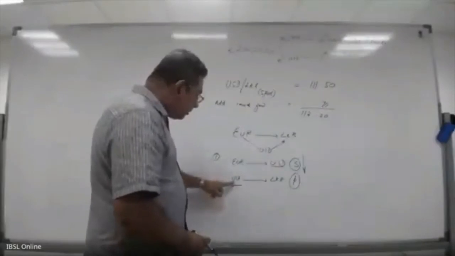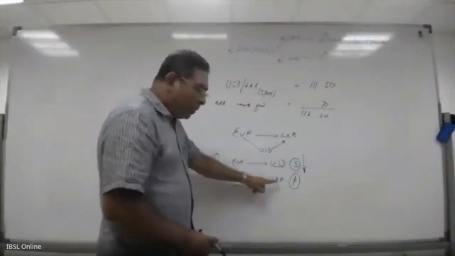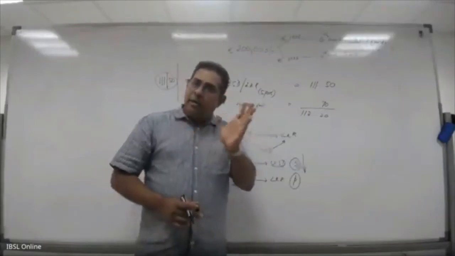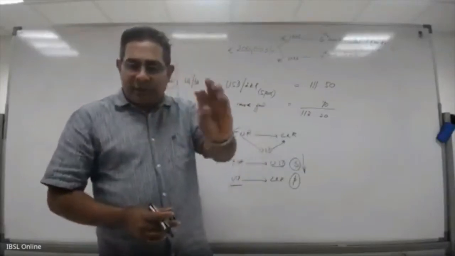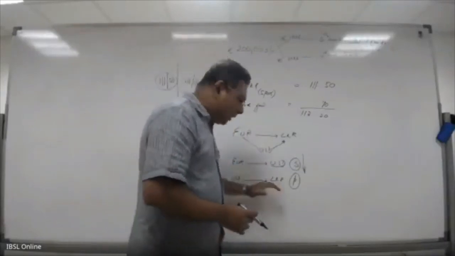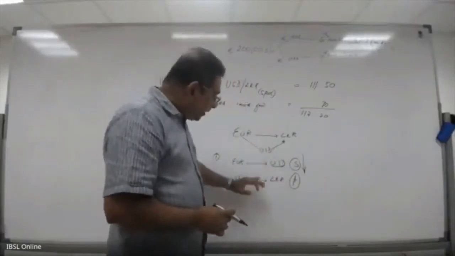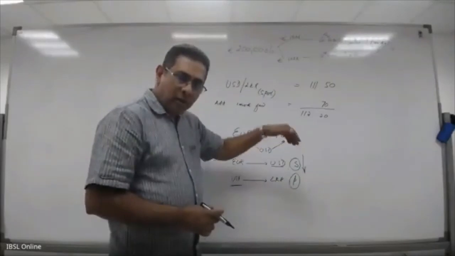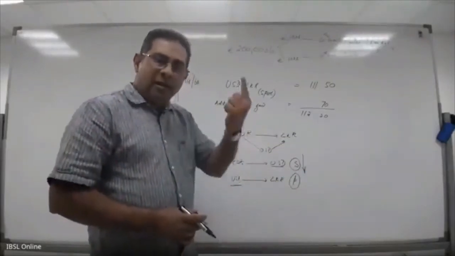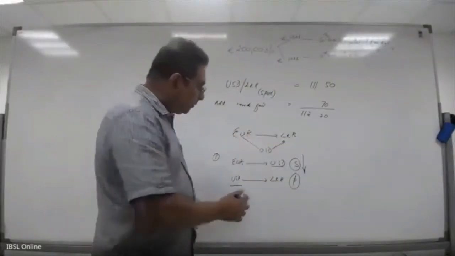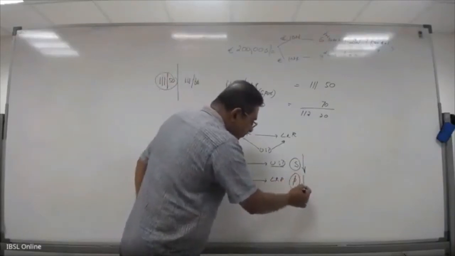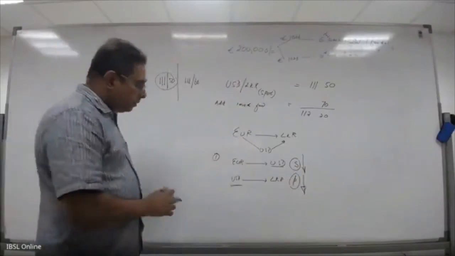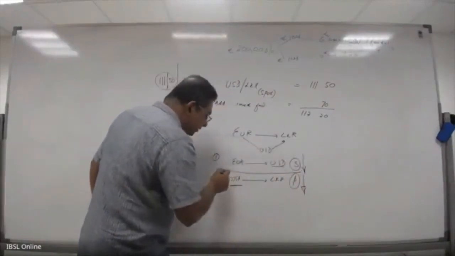Now, USD to LKR is a direct quote. I'm not going to explain what an indirect quote and a direct quote are. I presume that you have studied that. In a direct quote, you always buy low and sell high. Now concentrate on this.